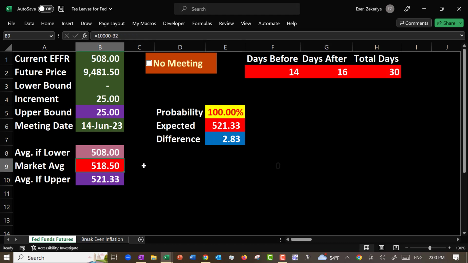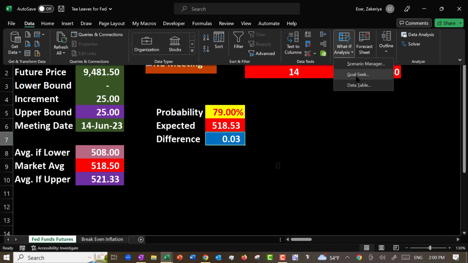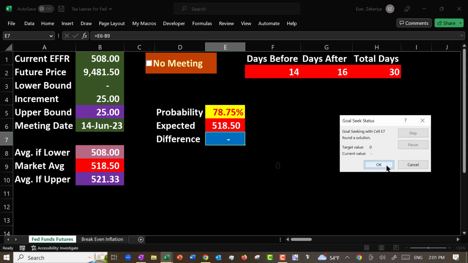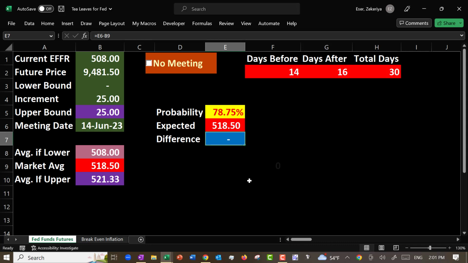Solution is somewhere over there. Okay, let's find out from there. Excel's algorithm does not necessarily always find it. Okay. So market says, at least as we look at it now, we see a pretty high chance of another 25 basis points in June as well.